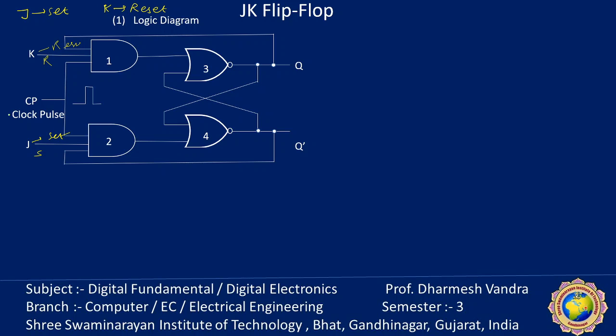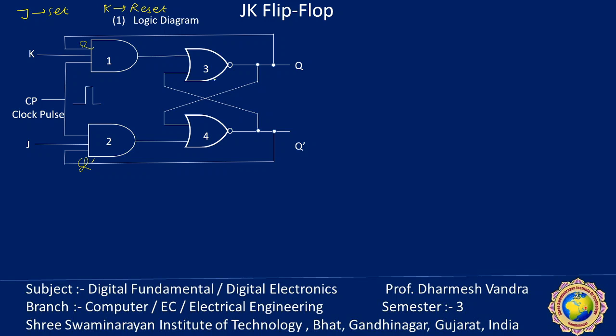In the circuit, the only difference is that there are two feedbacks, a back-to-back connection. In the basic clocked RS latch, whatever the Q is, there are three inputs to the gate, and one is Q, and for the second gate, Q dash is connected.